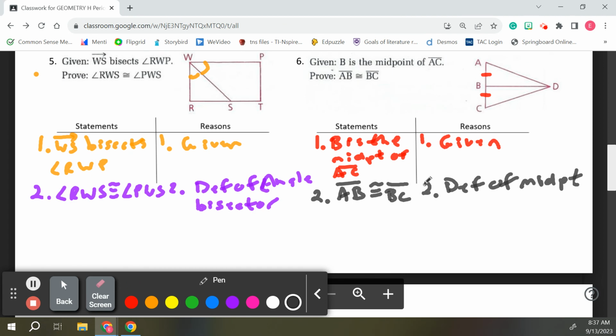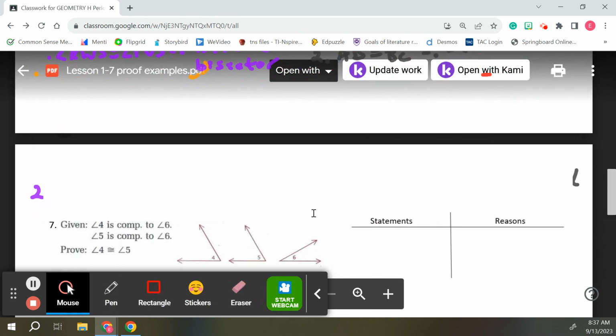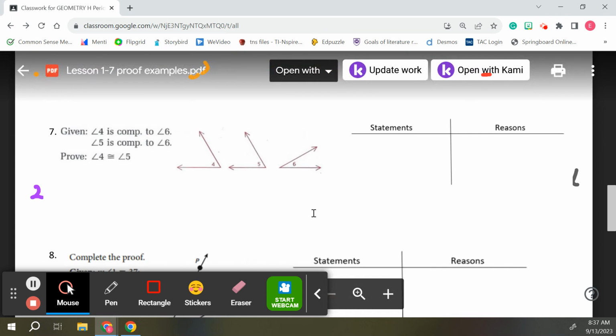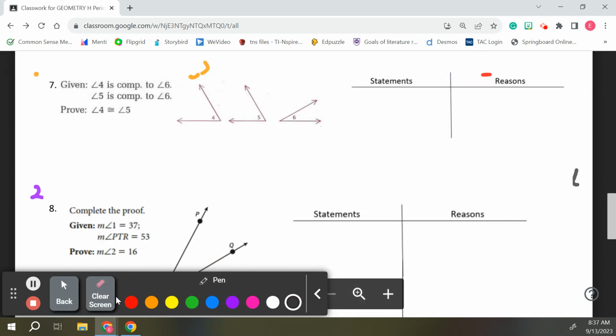Questions on this? All right, let's take a look at number 7. This one states, given angle 4 is complementary to angle 6. And then I also have angle 5 is complementary to angle 6.